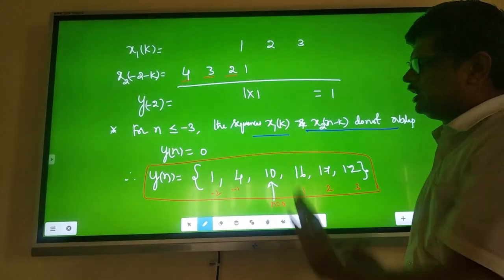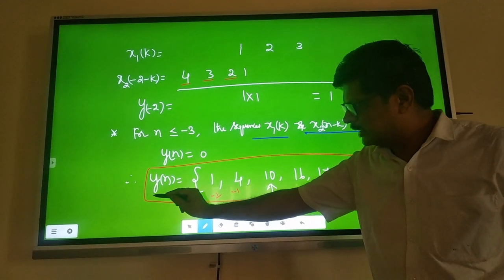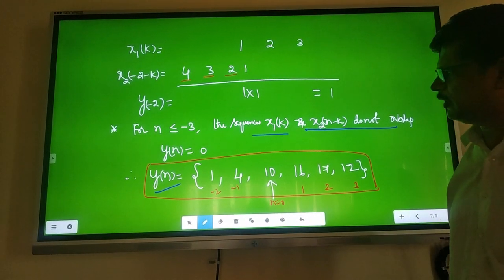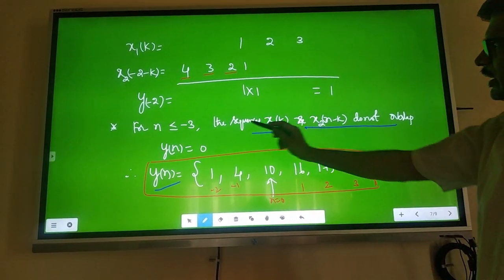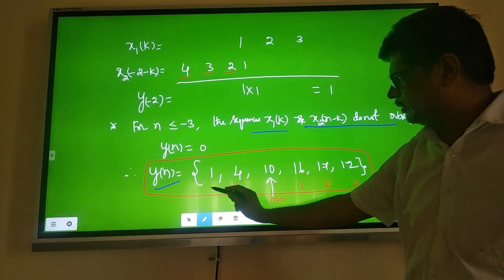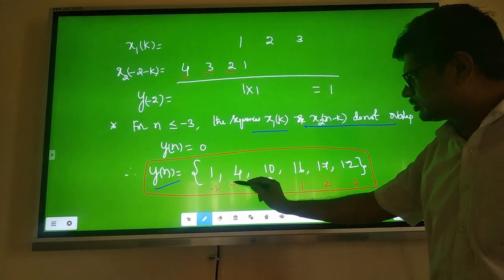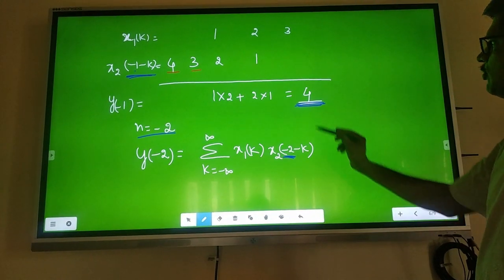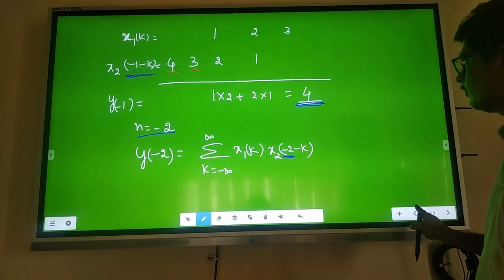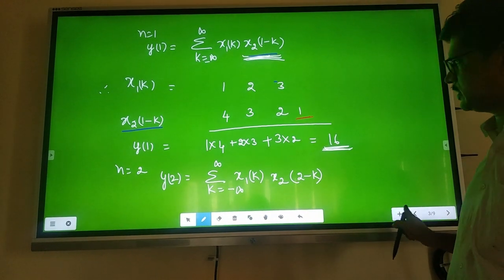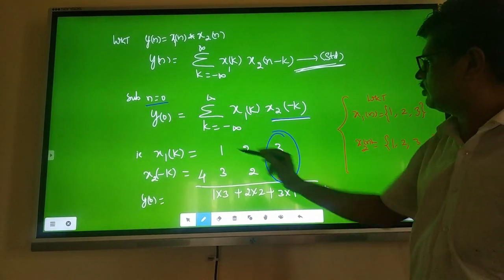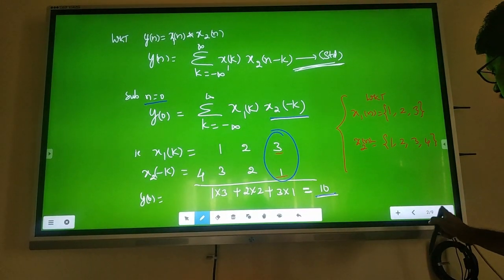Then finally write the output sequence. The output of the LTI system y[n] starts from minus 2, where it is 1. Then at minus 1 it is 4. At 0 it is starting, and at 0 it is 10.